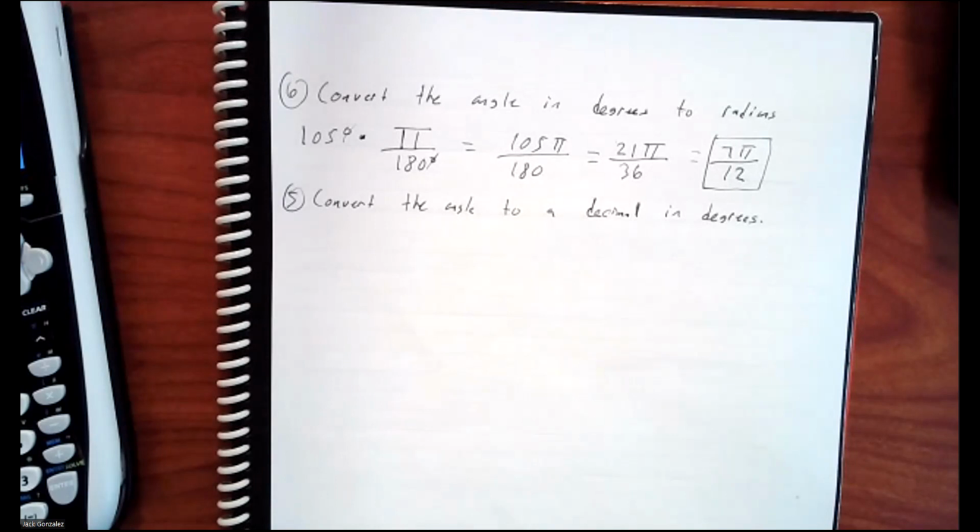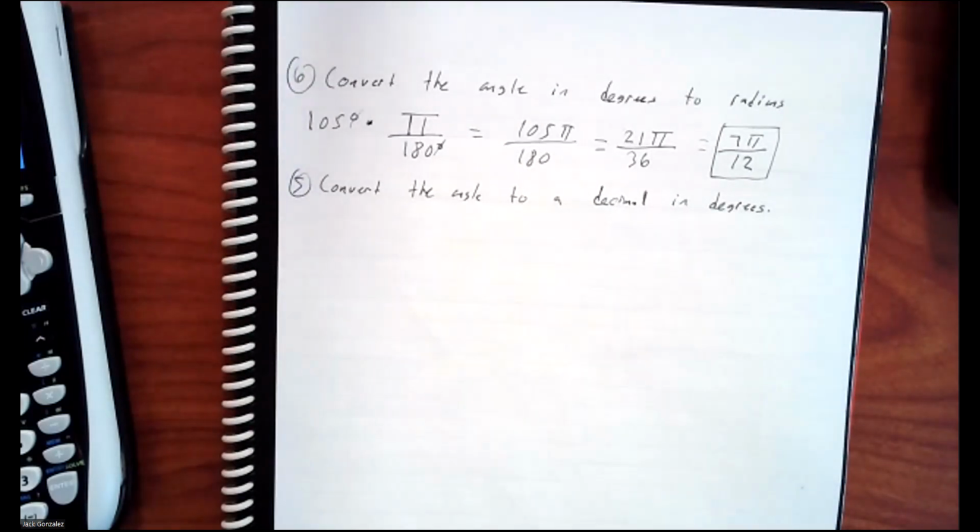We're going from degrees, minutes, seconds to decimal degrees. So we just need the formula for minute and second. There it is. All right.